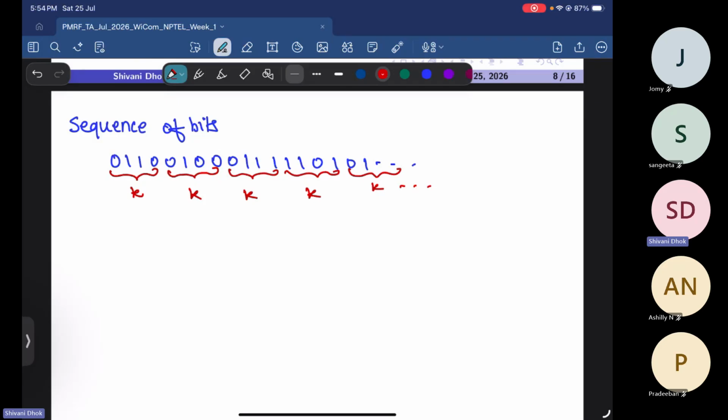So if k is 4, then you will get 2 to the power k unique combinations of bits. And to each of these unique combinations, you associate a waveform.